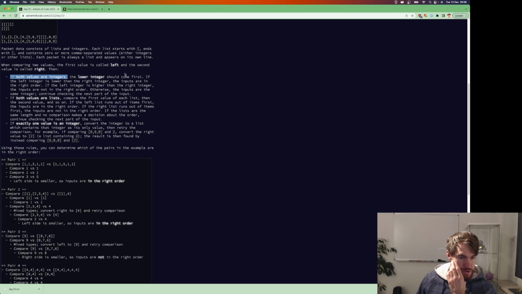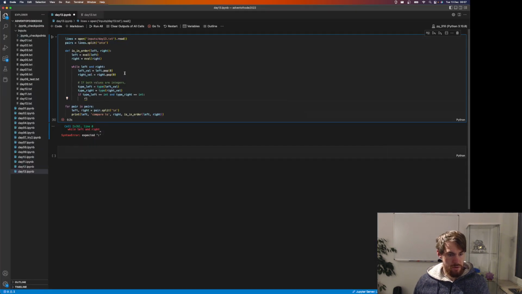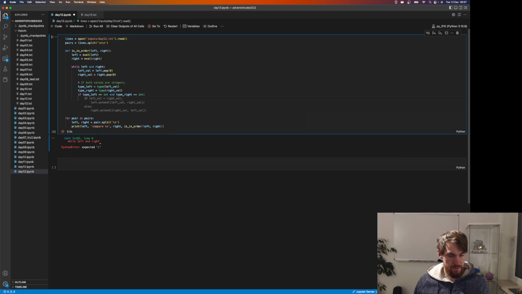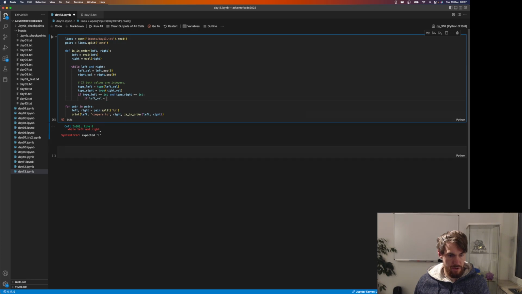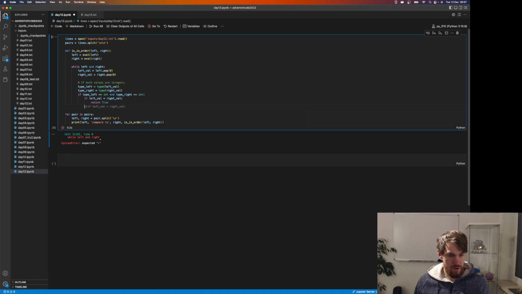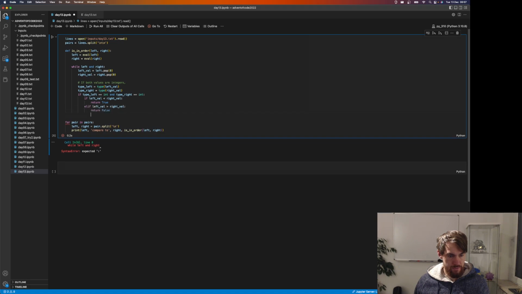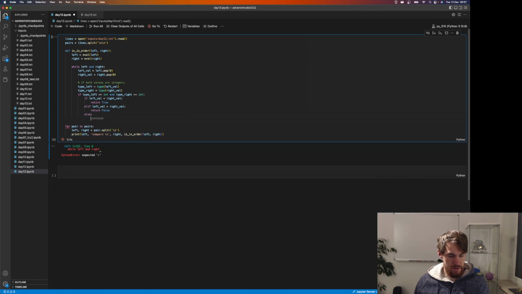The lower integer should come first. So we can say if left val is smaller than right val, and I guess continue checking.